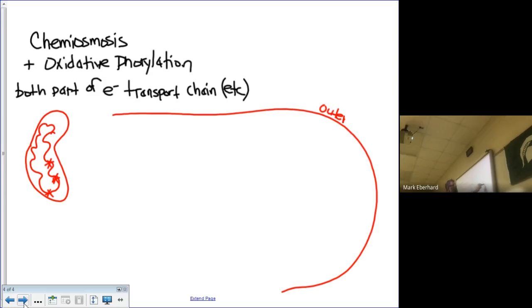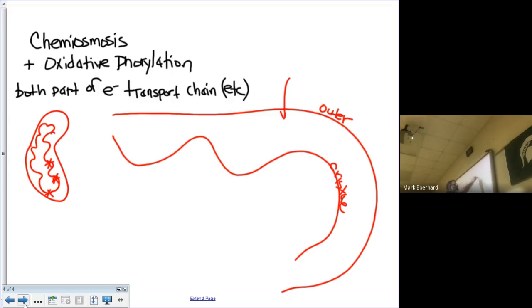If I enlarge the mitochondria, this is the outer membrane. And then we've got this folded membrane. This is the cristae. Cristae is the inner membrane. And just a reminder that this is the inner membrane space.